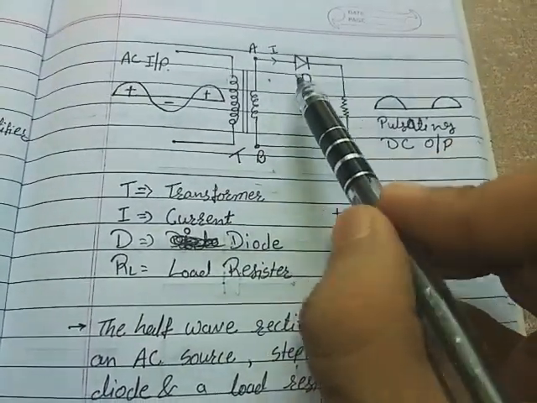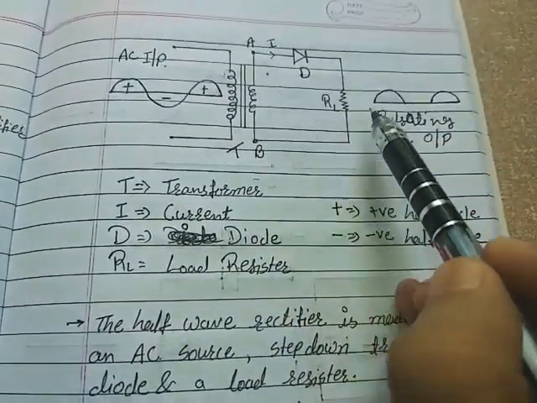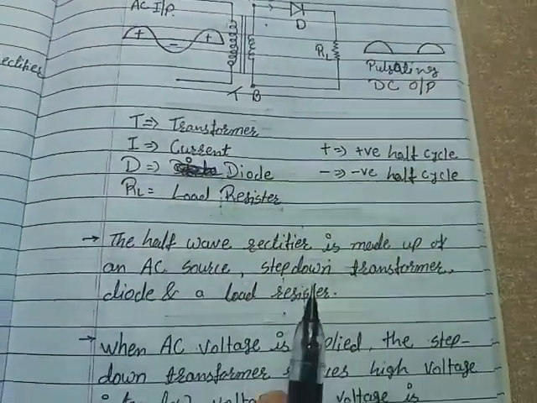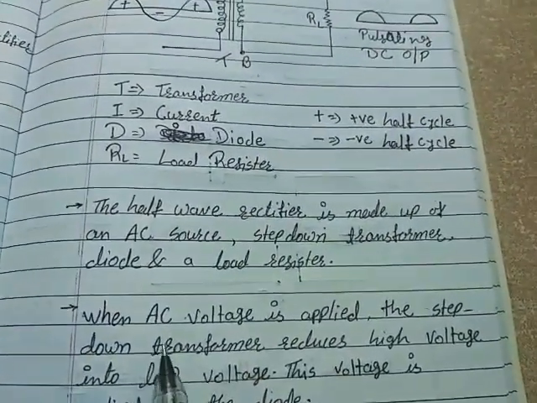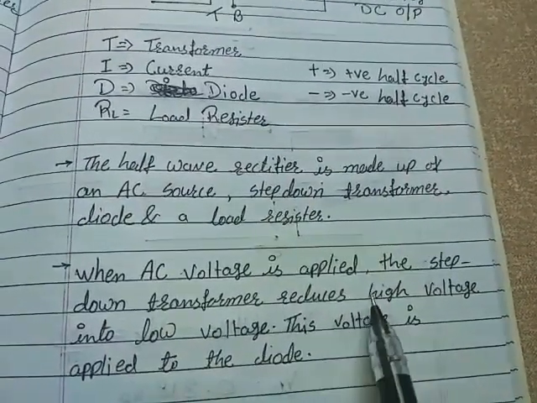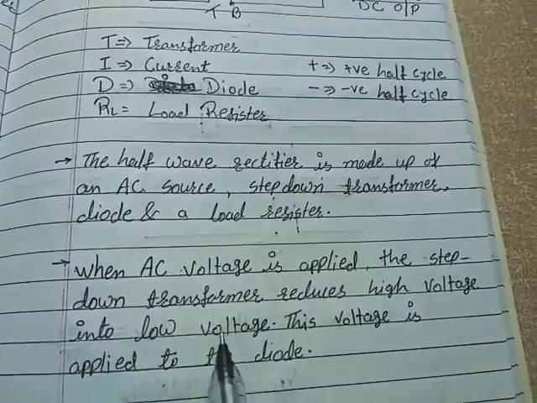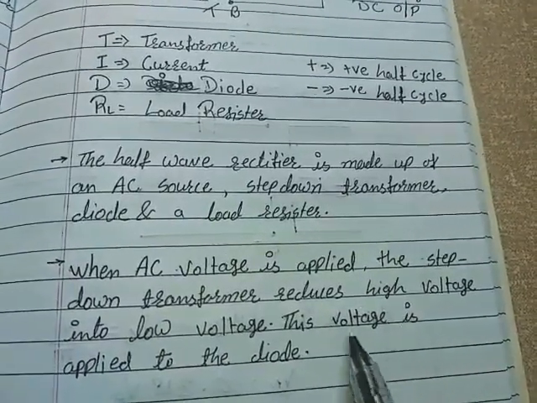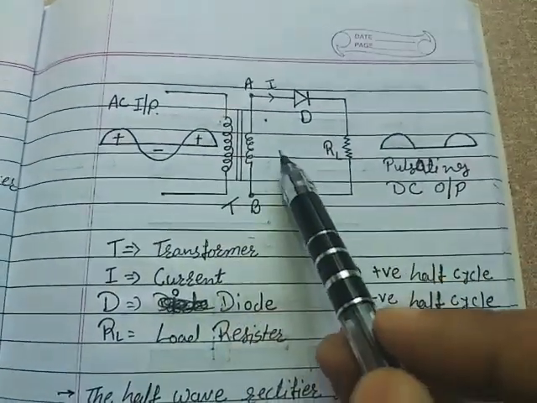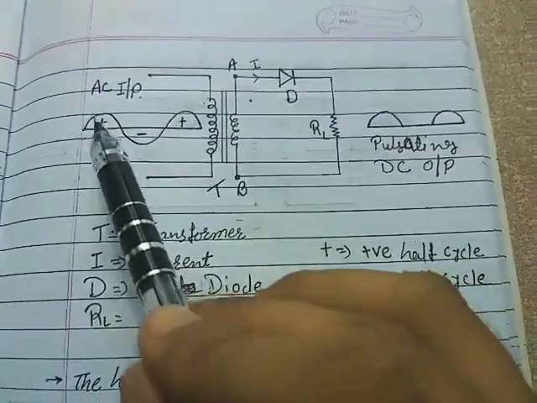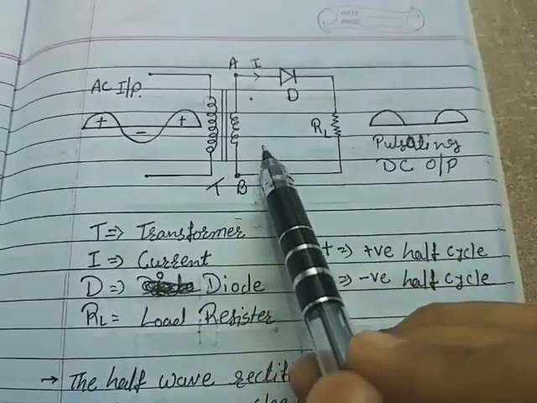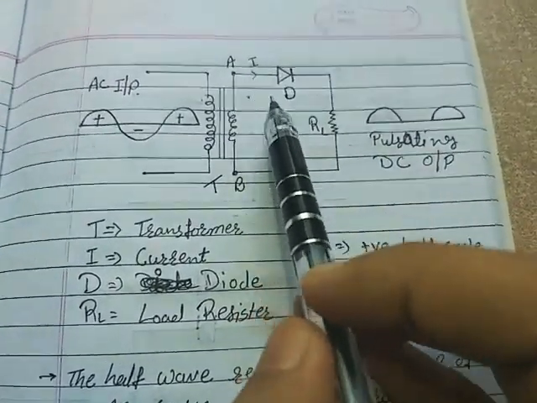Now when AC voltage is applied, the step down transformer reduces high voltage into low voltage. Whatever the input is, it is stepped down, and then that stepped down voltage is provided to diode D.